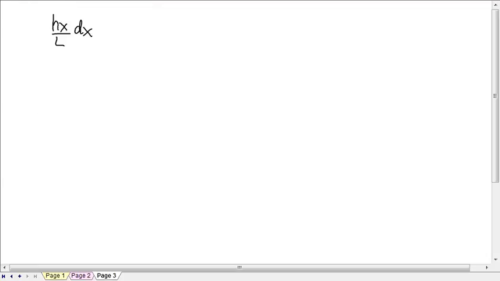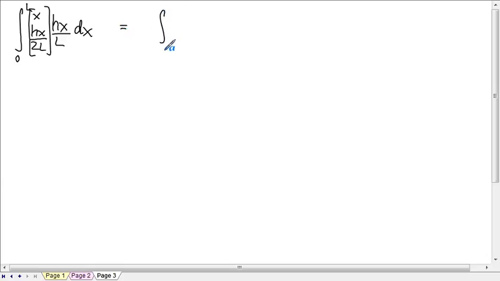Oops. What did I miss? We have the integral from 0 to L, x, and then hx over 2L. Okay, so now to do this integral, you can think of it as two independent integrals.